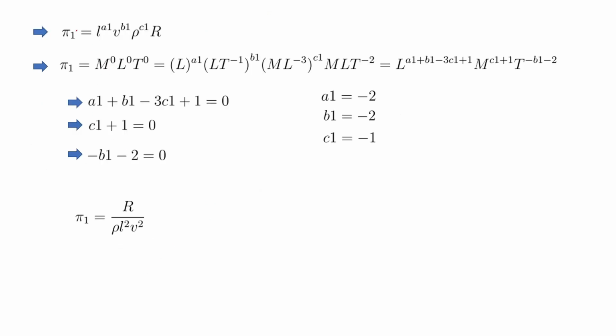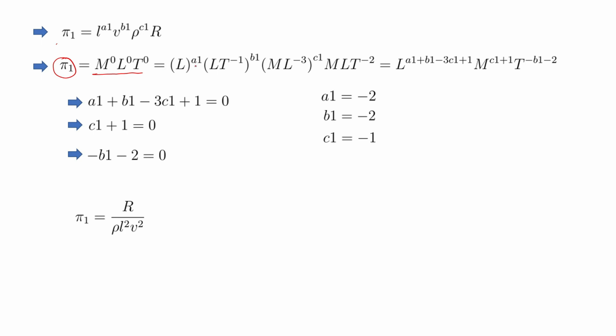So let us find out the first dimensionless term, that is pi 1, the first pi term. Pi 1, we have seen, you can write it like this: the first repeating variable L raised to A1, V raised to B1, this is the second repeating variable, rho is the third repeating variable, rho raised to C1 into capital R. And we have seen the dimensions of L, V, rho and capital R. And pi 1 doesn't have any dimension, so you can write it as M raised to 0, L raised to 0 and T raised to 0.